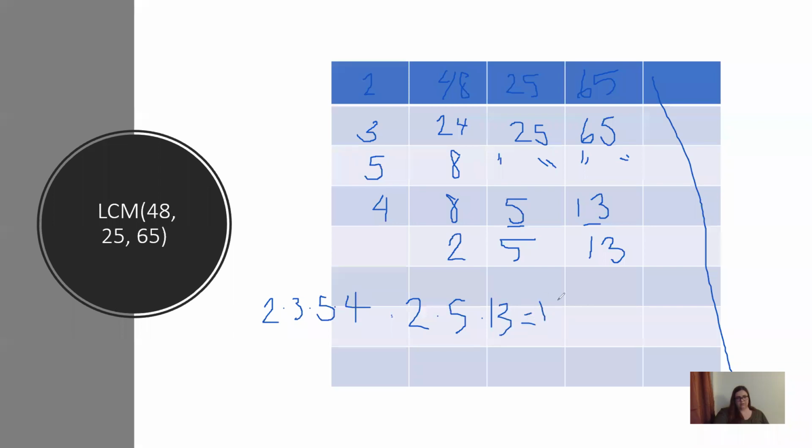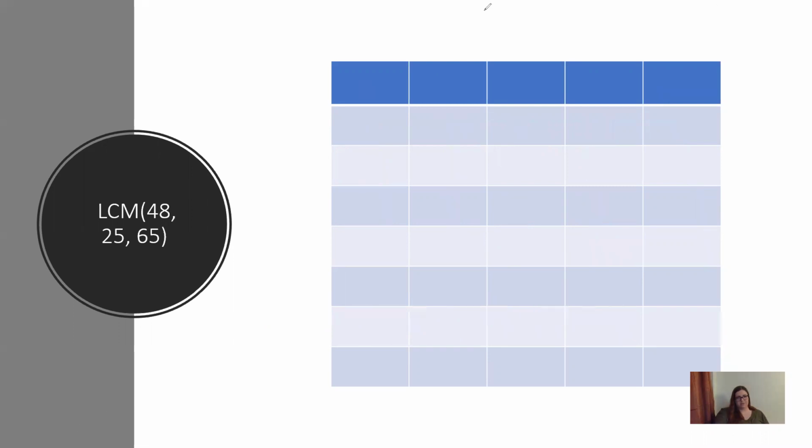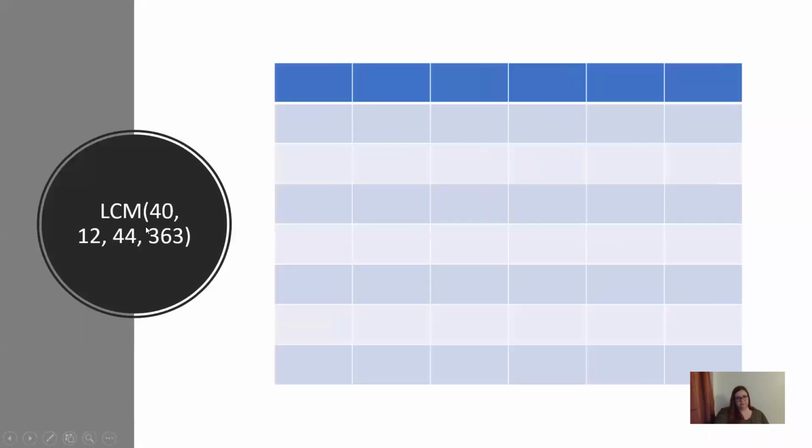You're going to get 15,600. So the least common multiple of 48, 25, and 65 is 15,600. That's a lot. So that's an easy way to break it down without having to play the little guessing game. Let's try one more.